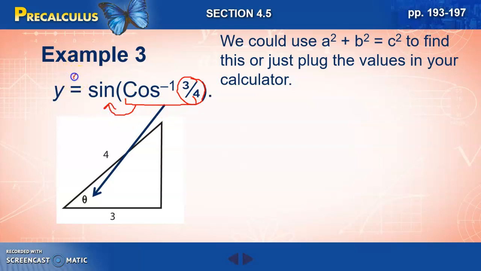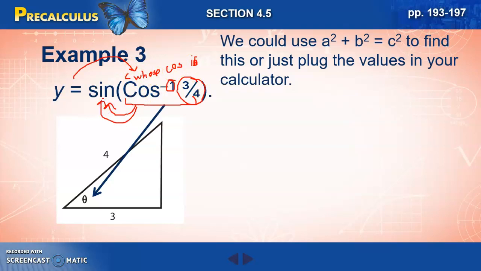So the first thing we're trying to find is the angle whose cosine is 3/4. Remember that these inverse trig functions can be read as 'the angle whose trig function is'. Unfortunately, we don't have that on our unit circle, so we're going to have to do some work. After we've found the angle whose cosine is 3/4, we can then move to the outer piece and find the sine of that same angle.